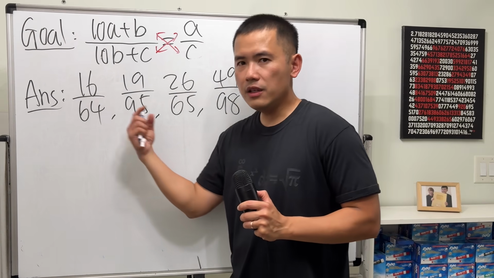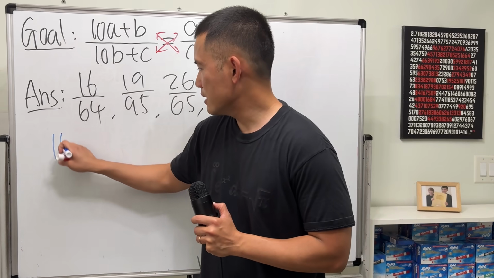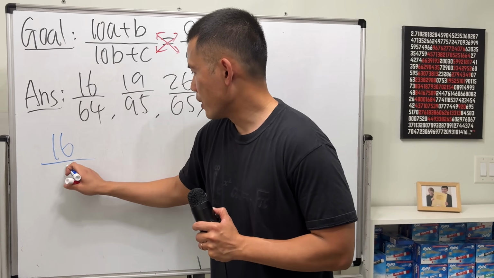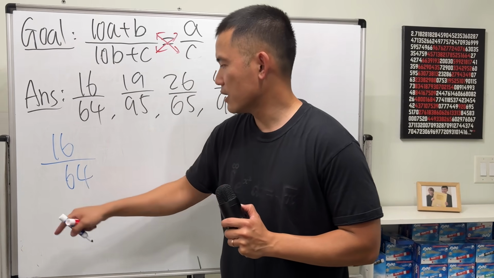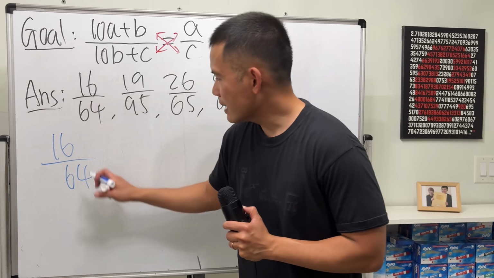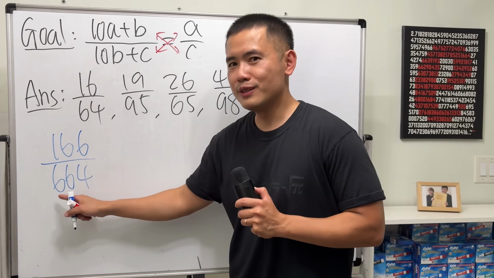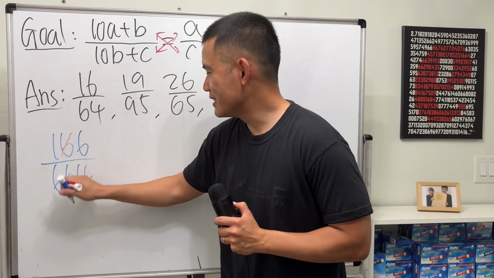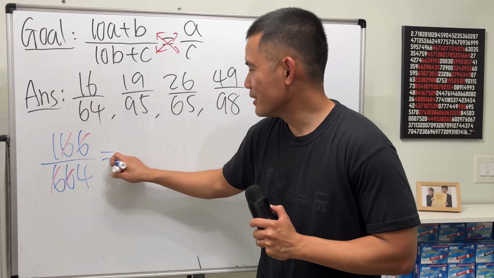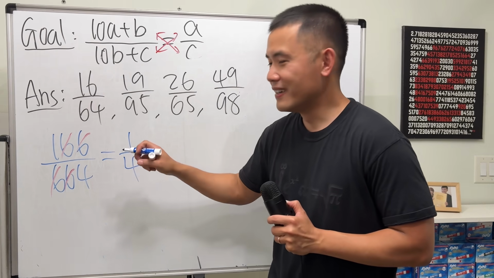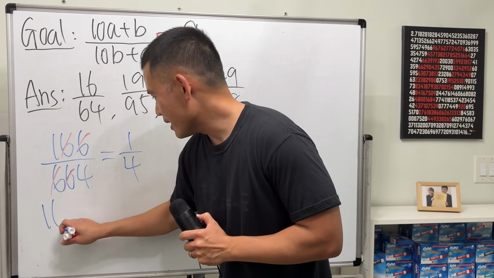Okay, fun fact. If you take any of this, such as 16 over 64, yes, we can cancel out the 6, right? But in fact, I can put on more 6, like this. 166 over 664. Guess what? I can still cancel, and then we'll still end up with 1 over 4. If you want, you can put down a lot more 6.